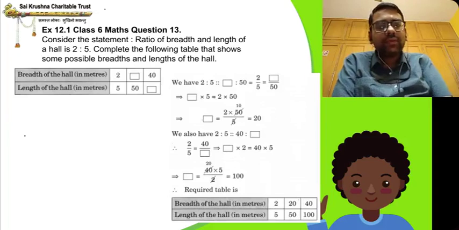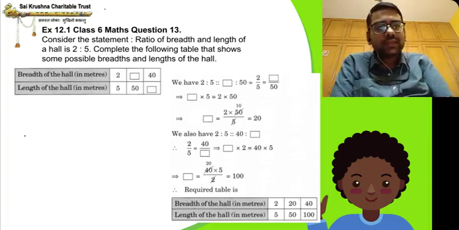That is the same: numerator 1 into denominator 2 equals denominator 1 into numerator 2. Therefore, we get empty box into 2 equals 40 into 5. Therefore, empty box equals 40 into 5 by 2. 2 ones are 2, 2 twos are 4, so 20 into 5 is 100. So in the table, the first empty box is 20, the second empty box is 100.